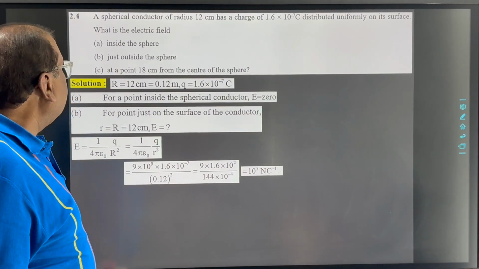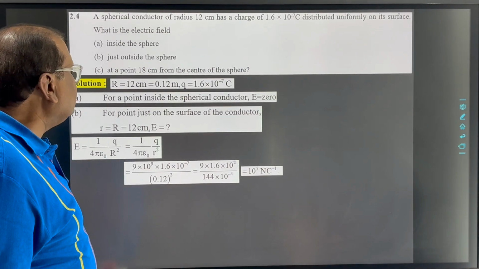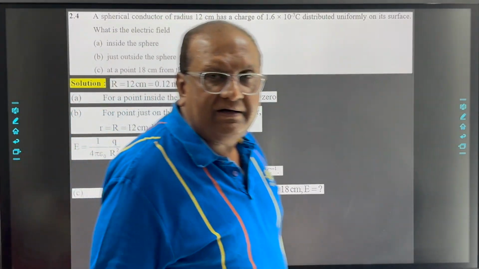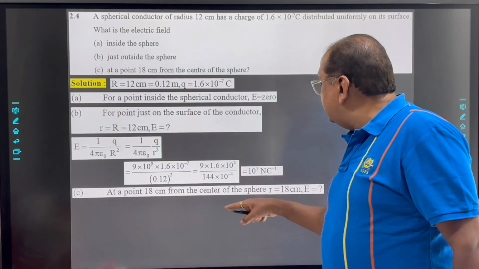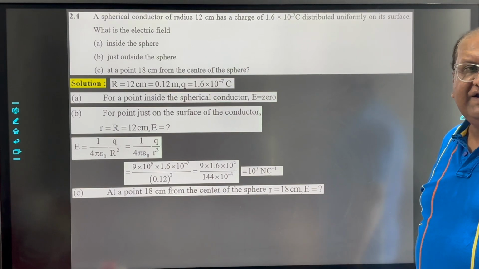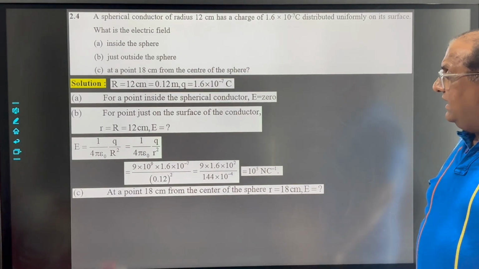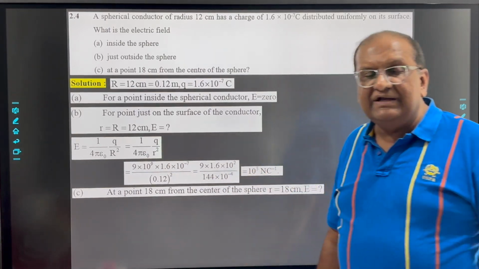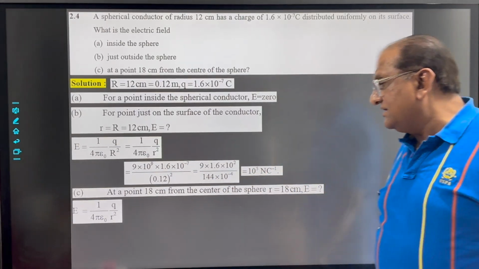Now see, at a point 18 centimeter from the center of the sphere, it implies that the point is at a distance r equal to 18 centimeter from the center, where we want to find the electric field. Now again we can use the same equation E, that is 1 upon 4 pi epsilon 0 q upon r square.